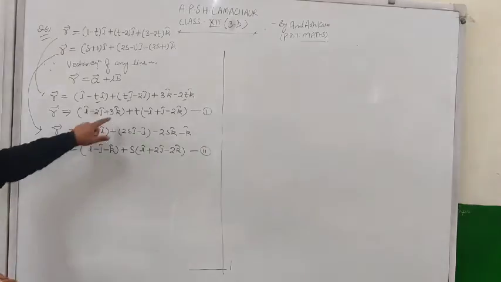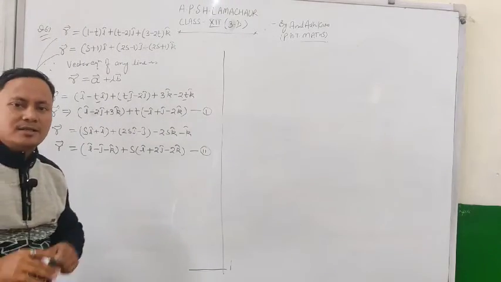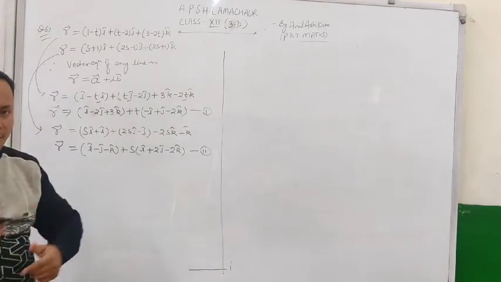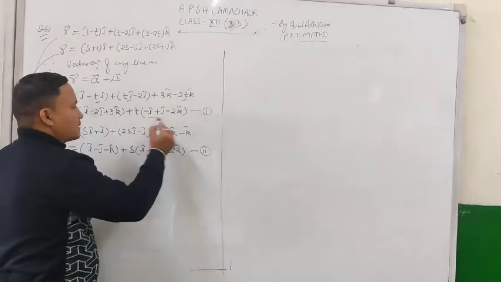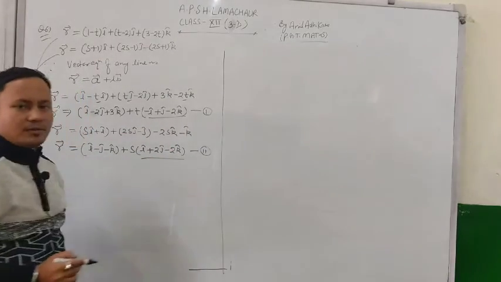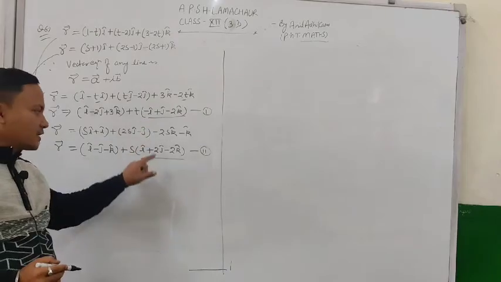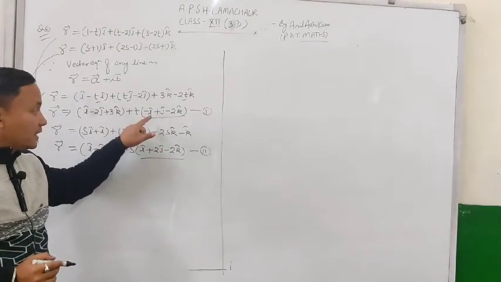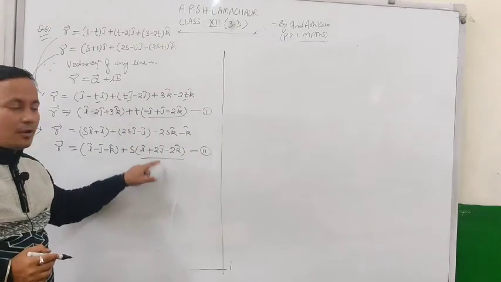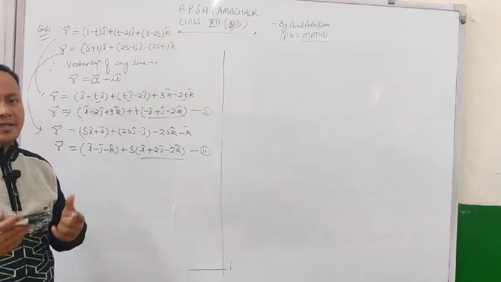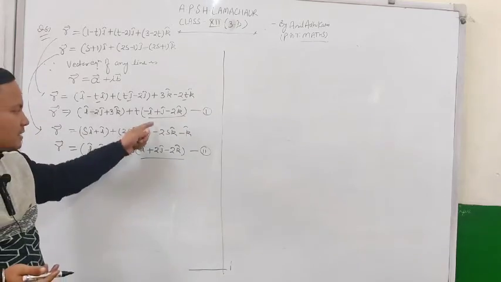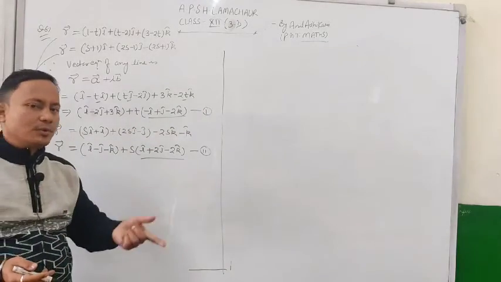Now first we will see whether both the lines are parallel or skew lines. कैसे पता करेंगे? Focus on the parallel vector. If the direction ratios of vectors of both the lines are proportional, then they will be parallel. और अगर direction ratio proportional नहीं होते हैं तो skew lines हैं.